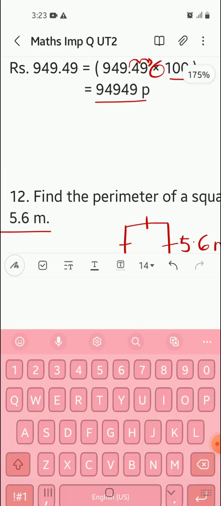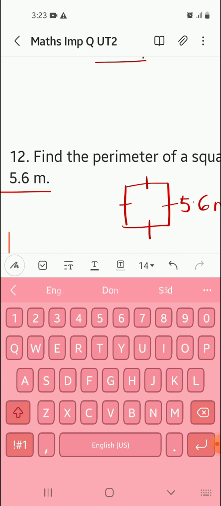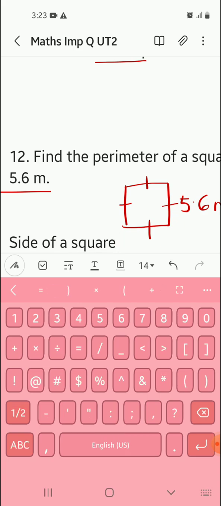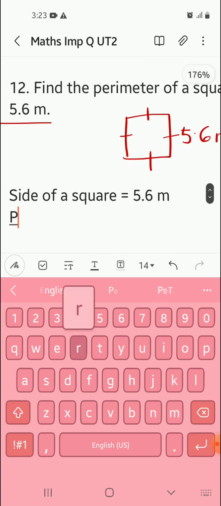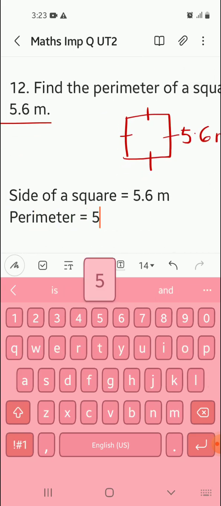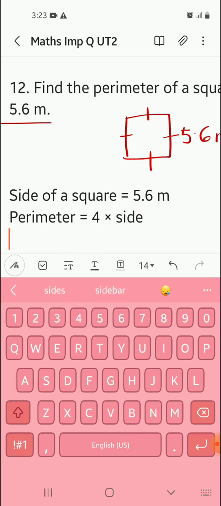So we're going to write simply side of a square equals 5.6 meter. So perimeter equals 4 into side, that is 4 into 5.6 meter.